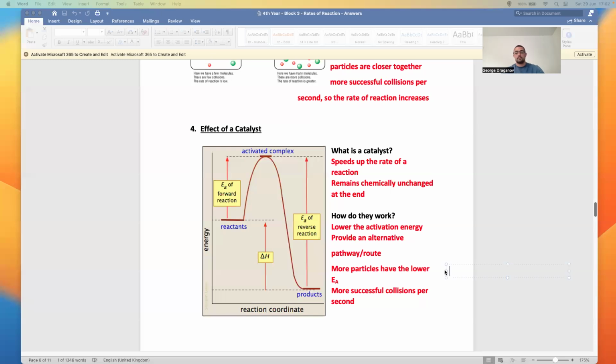I would say more particles have energy exceeding the lower activation energy. EA is how we represent it. Therefore, we have a higher frequency of successful collisions. Remember FOSC. A higher frequency of successful collisions. Collisions per second. Now, a catalyst also is unchanged at the end of a reaction, so theoretically you could filter it off.